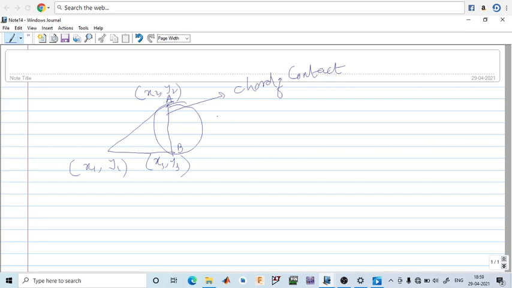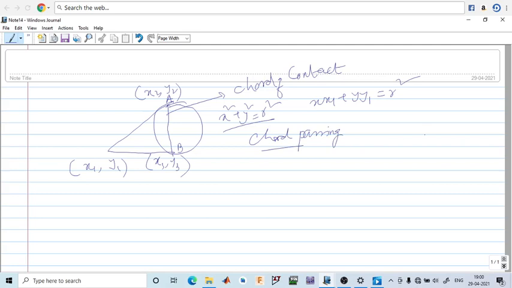So if the circle equation is this, then its corresponding chord of contact equation will be the same as that of the tangent, but the point x1 y1 lies outside. Clear? Now the next topic is chord passing.